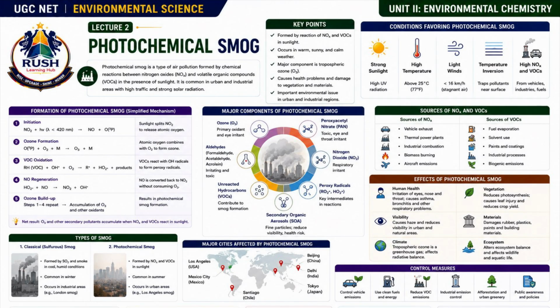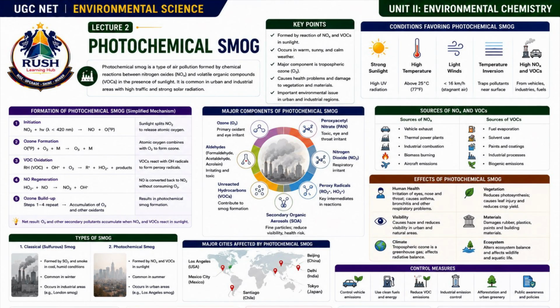It is most commonly observed in urban and industrial regions where vehicle emissions, industrial activities, and strong sunlight occur together. Unlike classical smog, which is associated with sulfur dioxide and smoke, photochemical smog is formed through sunlight-driven chemical reactions. For this reason, it is often called oxidizing smog or Los Angeles-type smog.